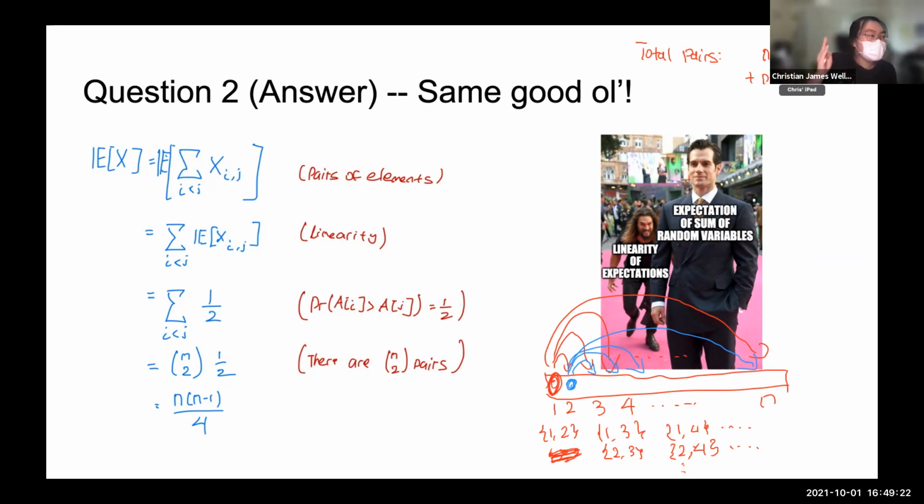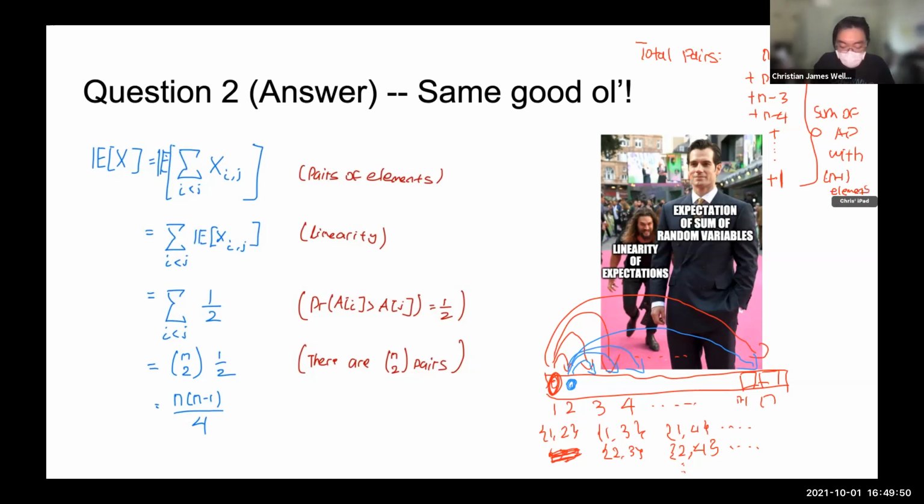I hope you can see this process goes on, plus n minus 3, plus n minus 4, all the way to plus 1, right? The final pair is when you consider element n minus 1 on the left. So this is a sum of AP with n minus 1 elements.